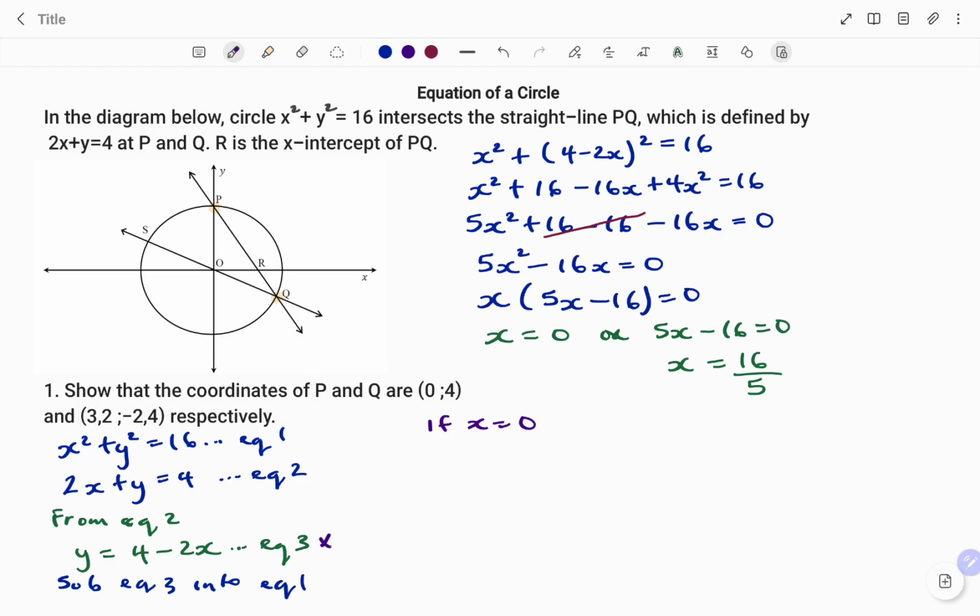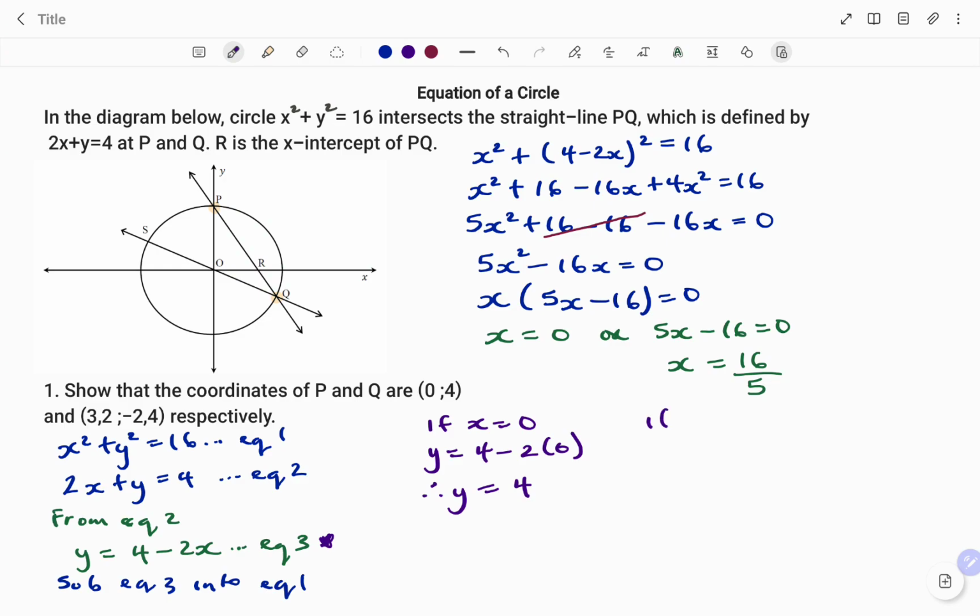So if x, for the first one, equals 0, then using the third equation, I have y equals 4 minus 2 times x, x is 0, so that will make that 0. Therefore, the value of y equals 4. 4 minus 0 is 4.